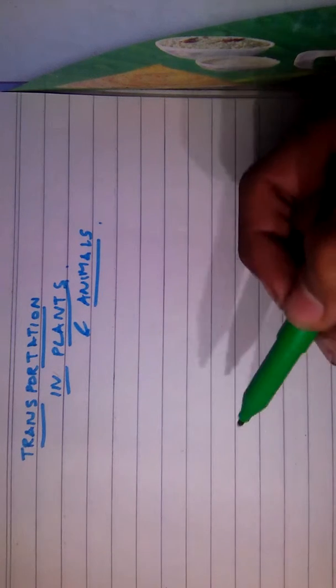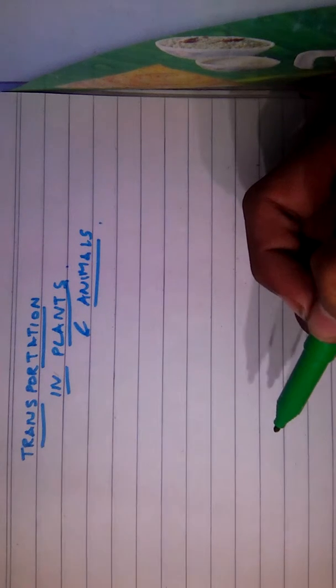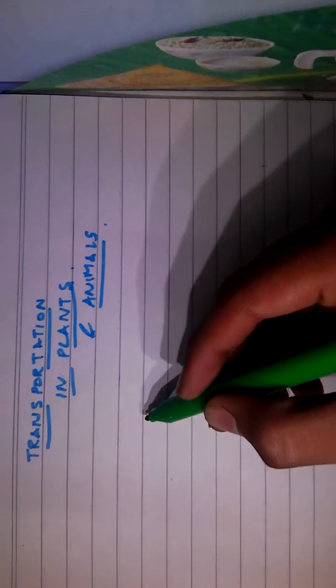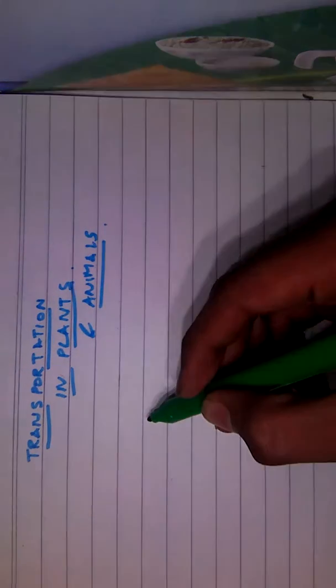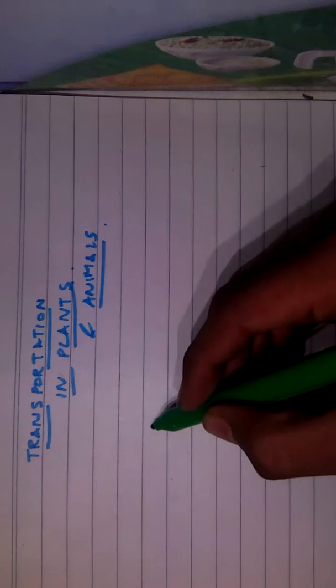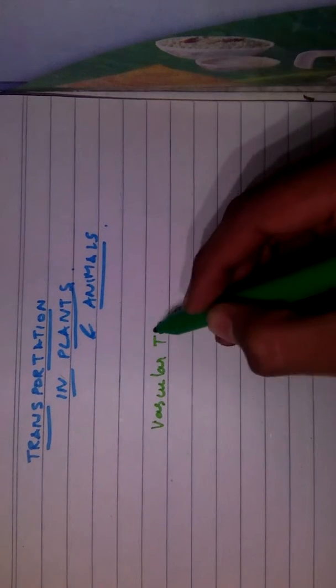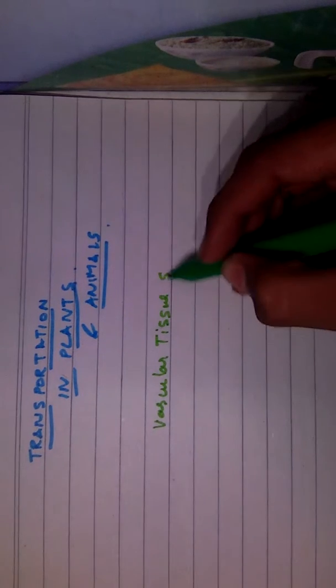The transport system in human beings is called the circulatory system, and in plants it's called the vascular tissue system. Now let us see about the vascular tissue system.